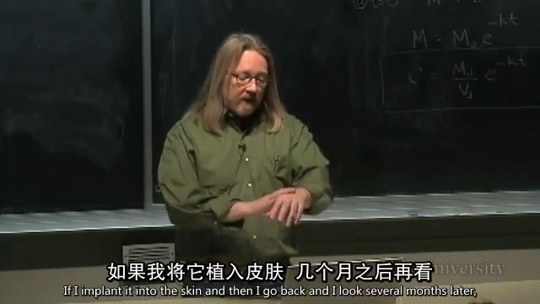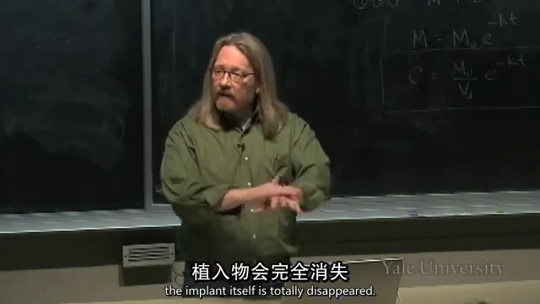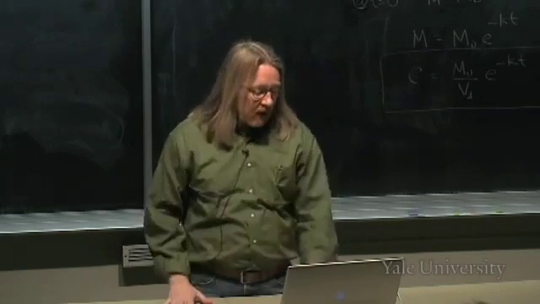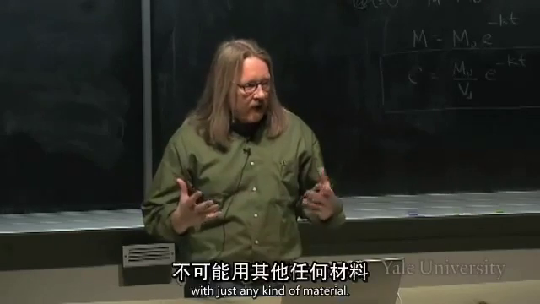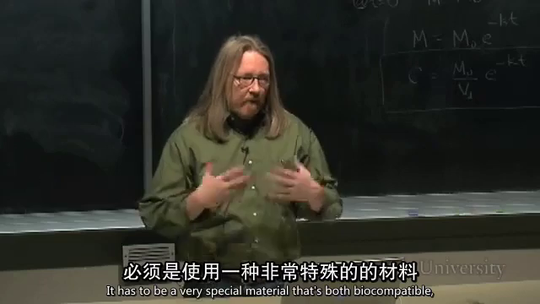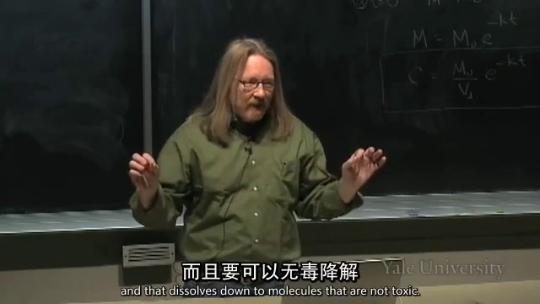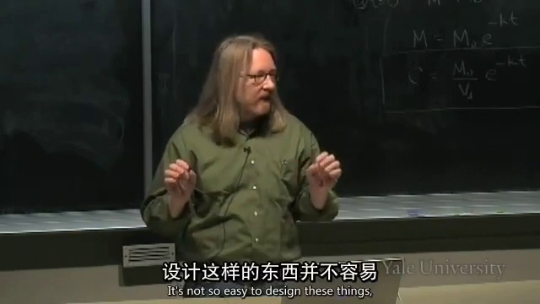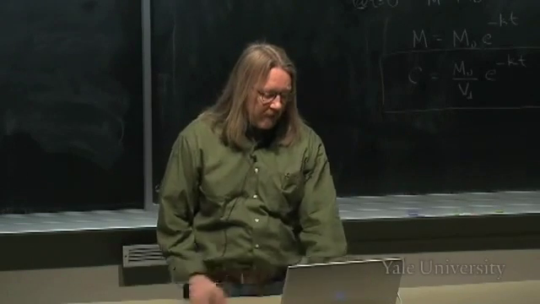So if I implant it under the skin and then I go back and I look several months later, the implant itself has totally disappeared. And of course, you can't do this with just any kind of material. It has to be a very special material that's both biocompatible, that your body doesn't respond to, and that dissolves down to molecules that are not toxic, right? So it's not so easy to design these things. But there are some materials that are available now.